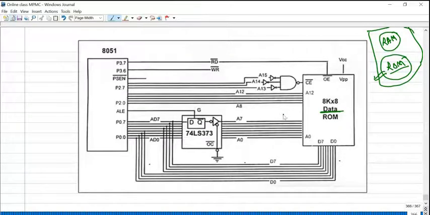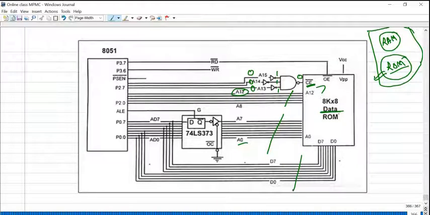Same as before: A0 to A7 address, D0 to D7 data, and we need A12 as well, so A0 to A12, 13 address lines. For the leftover A13, A14, A15, as I told you in the previous slide, they are connected through NOT gates. So 0, 0, 0 means 1, 1, 1. If all the inputs are 1, the NAND gate output will be 0 and this chip will be selected.